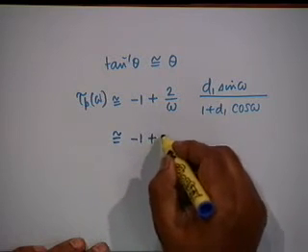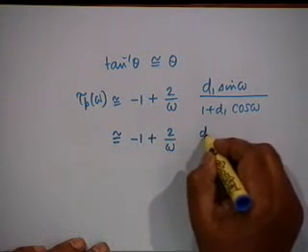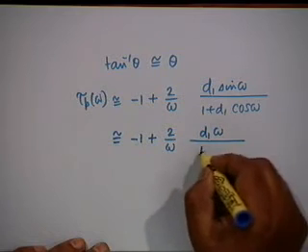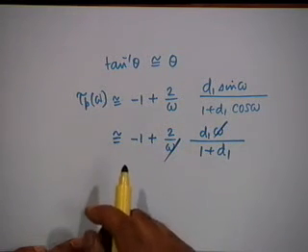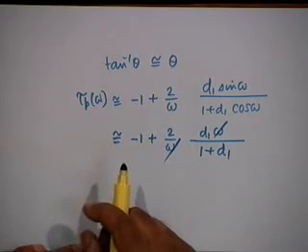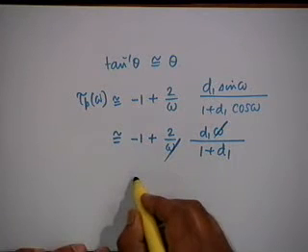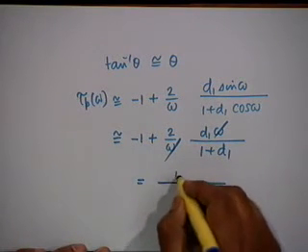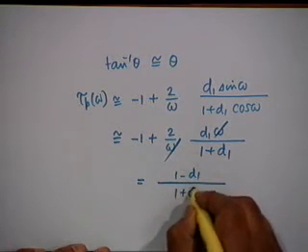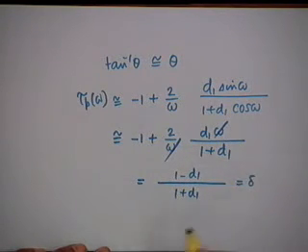Therefore, minus 1 plus 2 by omega times d1 omega, and cosine omega is approximately 1. When omega is small, cosine omega is approximately 1. And now it becomes independent of omega, and you can verify that this is 1 minus d1 divided by 1 plus d1, which has been defined as delta.